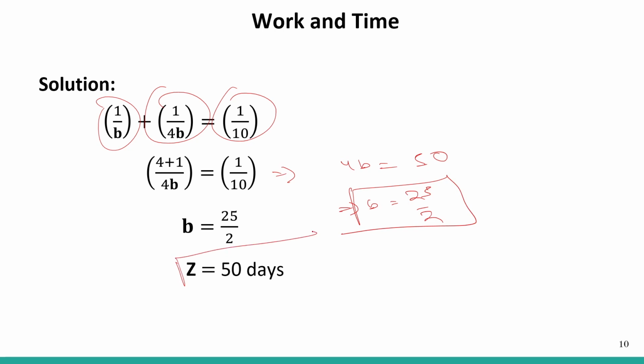So Z is equal to 4B, which is 25 into 4 by 2, equal to 50. So 50 will be the correct answer.